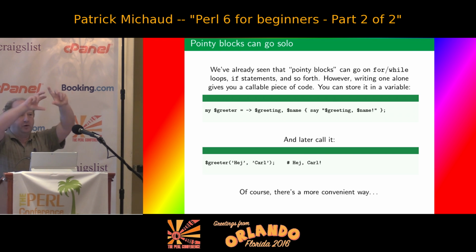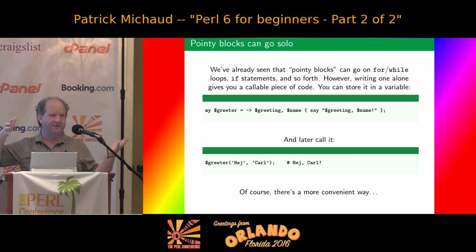So this arrow notation that we see here is actually a general purpose thing. It's not part of the for statement. It's not part of the while statement. It's actually just a place where wherever we put a block, we can pretty much put a pointy block. A pointy block is just introduced by the arrow, which is a hyphen followed by a greater than sign. And then after that, you can put variable names and so forth.